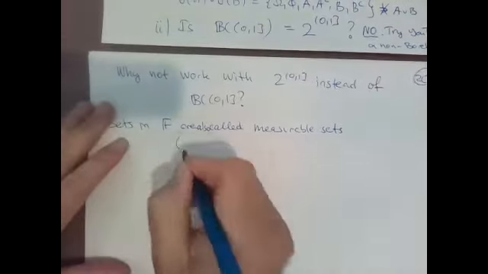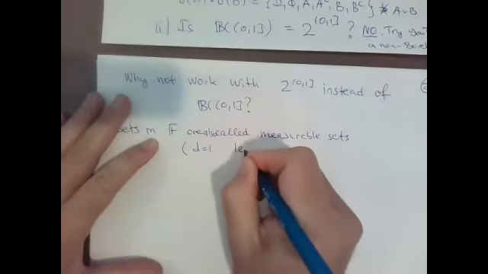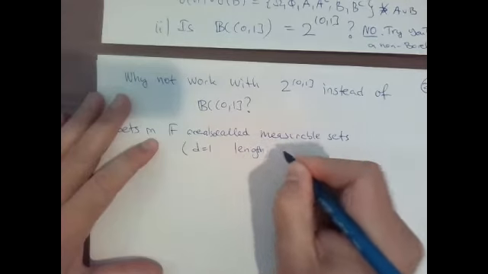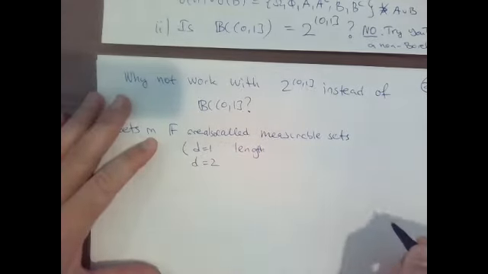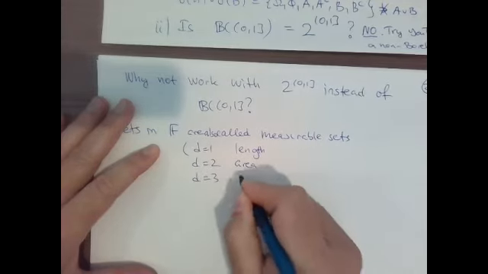The thinking here is that when you have a one-dimensional object, we're thinking about length. When you're in 2 dimensions, you're thinking about area. And when we're in 3 dimensions, you're thinking about volume.